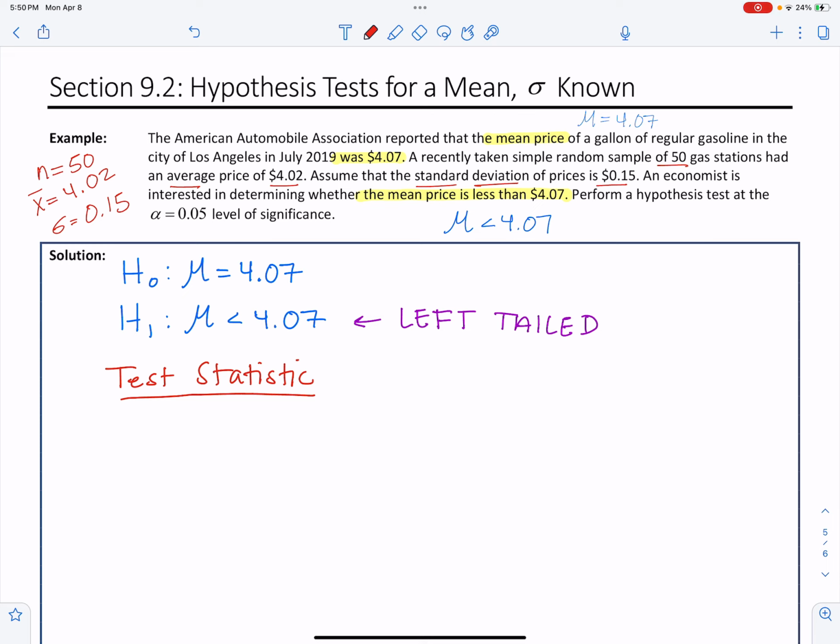Obviously, the sample mean is a little bit smaller than the population mean, but we're trying to determine if that is statistically significant in terms of that population mean. So our test statistic here is a basic z-score formula. We're going to take the sample mean, subtract the value of mu in our null hypothesis, and divide by sigma over the square root of n, because that is the standard error for a sample mean.